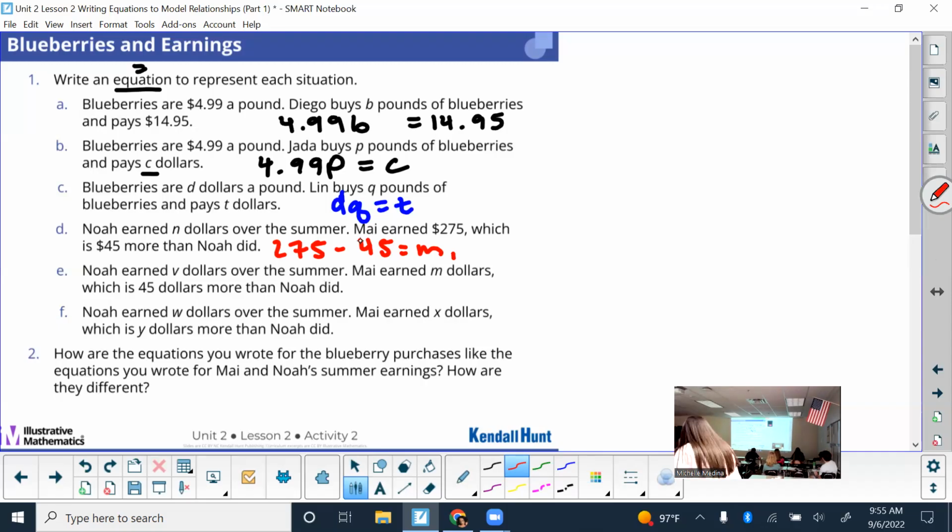Landon, what'd you get? N plus 45 equals 275. Is there multiple ways to write something and it still be true? Yes, because all we care about is that the left side of the equal sign is equal to the right side.